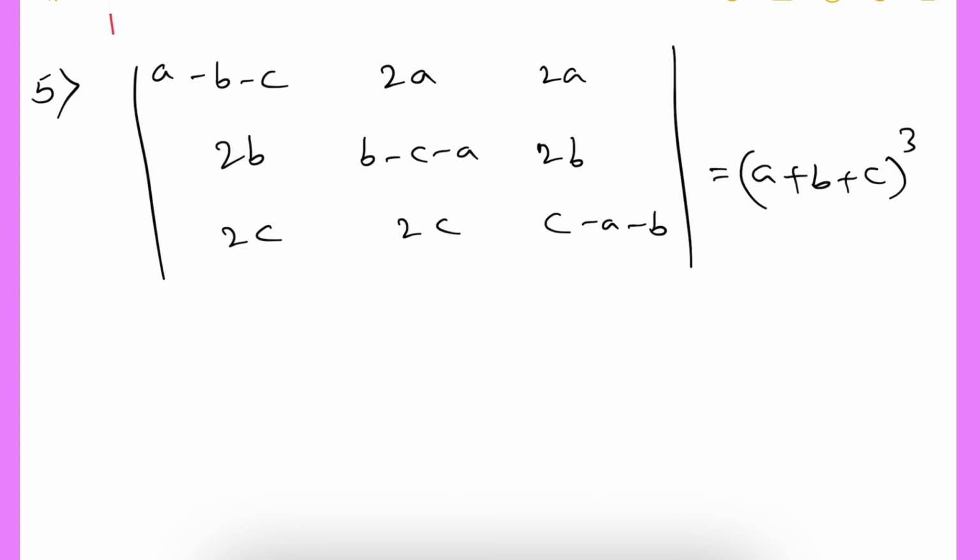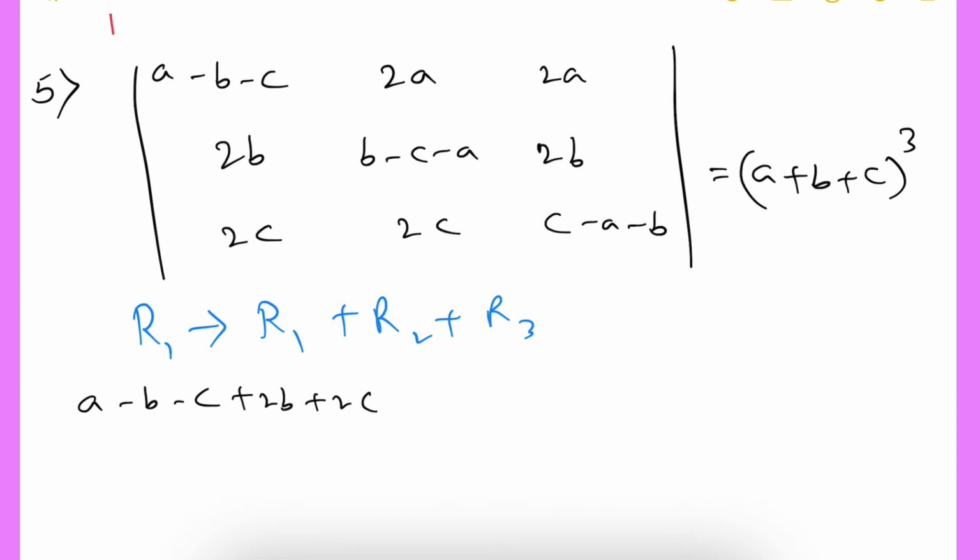So for that, first of all, R1 I will change. R1 I will make it R1 plus R2 plus R3. Then what will it become? a minus b minus c as it is, then plus 2b, then plus 2c. The same way, second element, 2a as it is, plus b minus c minus a plus 2c.